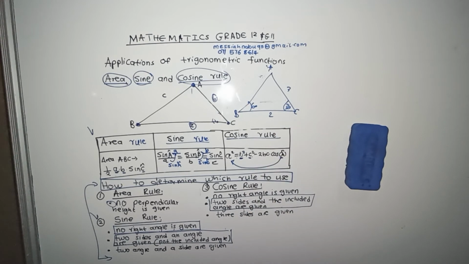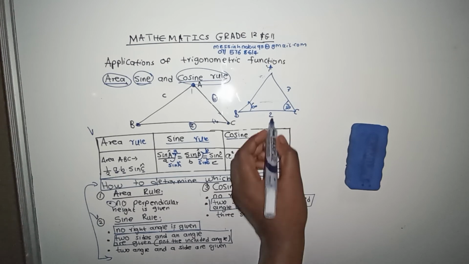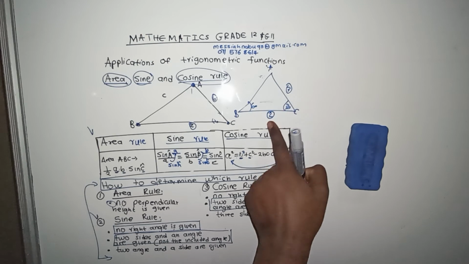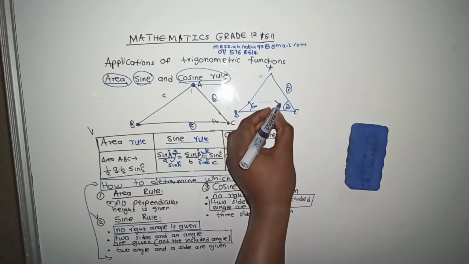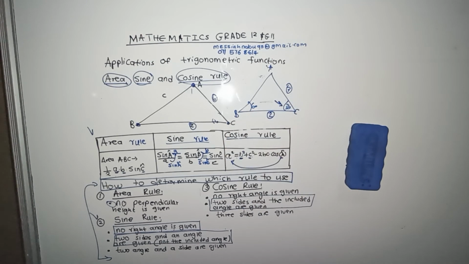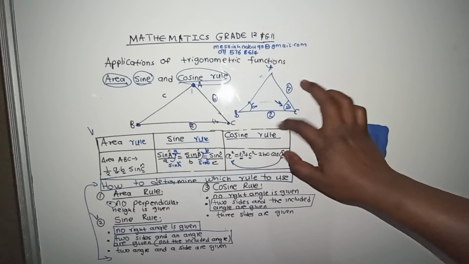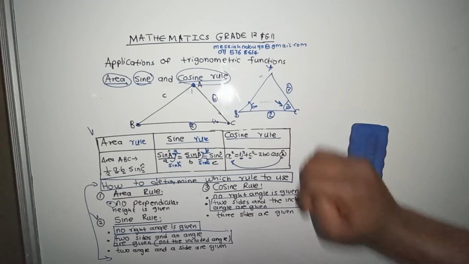It depends on the sides that you're using. If you decide to use these two sides, 2 and 3, this angle of 30 degrees is between 2 and 3. As a result, it is the included angle, because I'm using these sides 2 and 3.